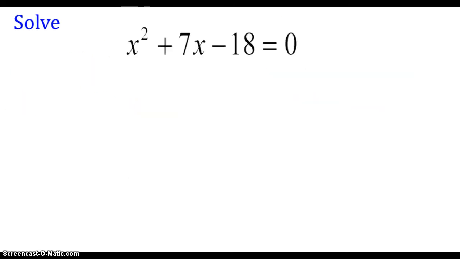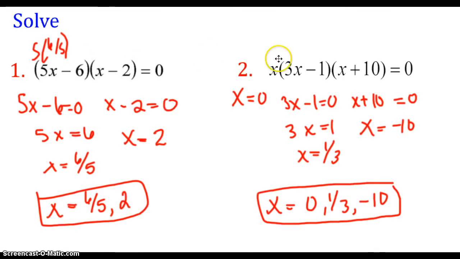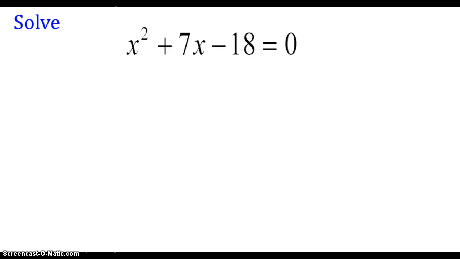So when I come here to our next example, it's no longer already factored for us. So the first thing we're going to do is have to factor the problem. Then once I factor it, it's going to look like this. And then once it's factored, I just set it equal to 0. What you have to remember is that we are solving quadratic or polynomial equations.